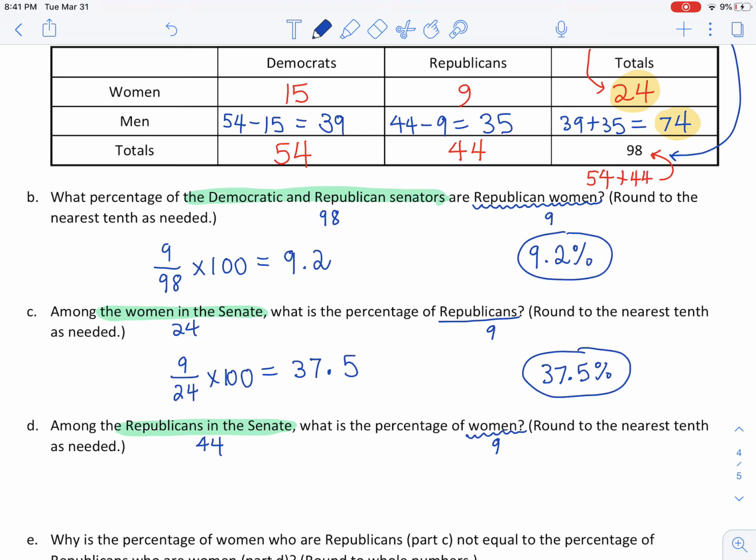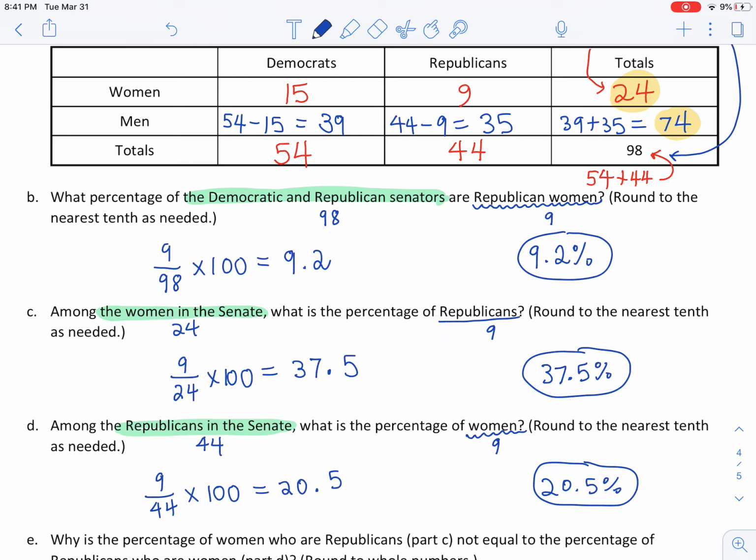So how many of them are Republican women? Again, the numerator is just 9. They love to talk about Republican women here, huh? So 9 divided by 44. And then let's multiply this by 100. All right. So 9 divided by 44 times 100 is 20 point, and I'm just rounding to the nearest tenth. So the answer for D will be 20.5%.